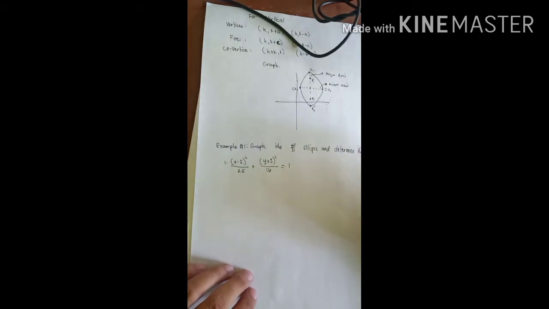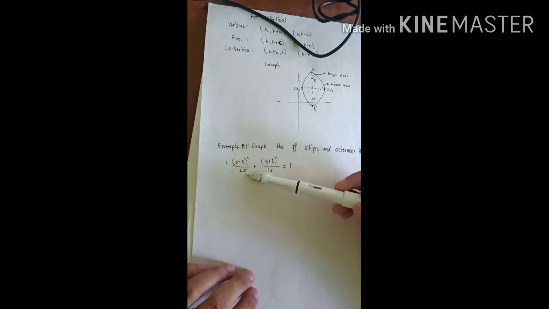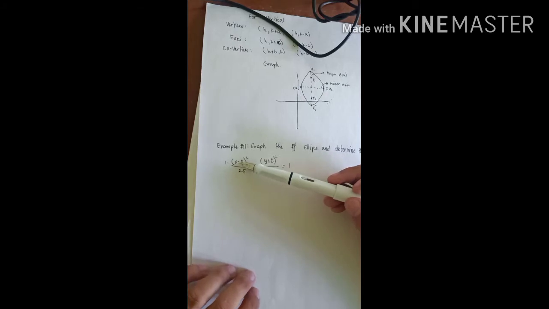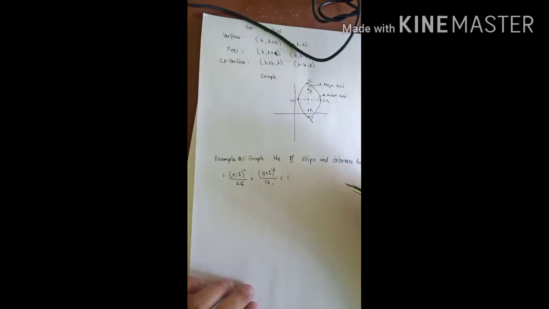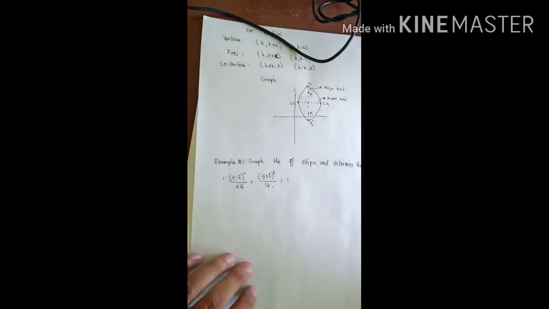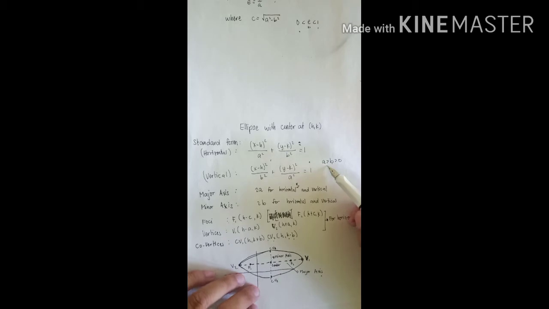In here, as you can see, the denominator on the x term is much higher than the denominator of the y. So meaning, as you have seen here, b is less than a but greater than 0.